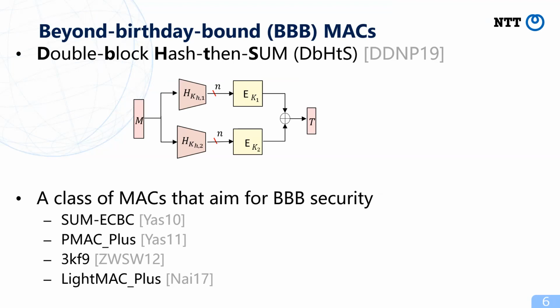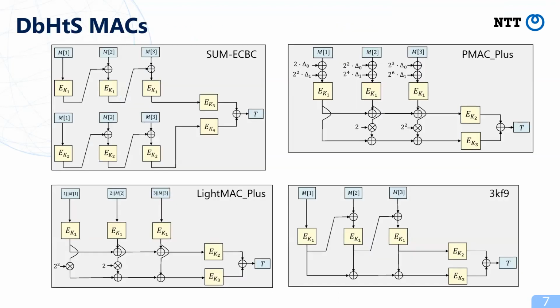So if you double the internal state, collisions happen much more rarely, and then you can hope to achieve beyond-birthday-bound security. You have a lot of proposals that follow this pattern: SUM-ECBC, PMAC+, 3kf9, LightMAC+. I plot them there. So let's just go one by one quickly.